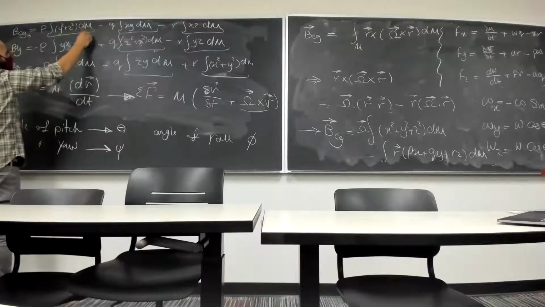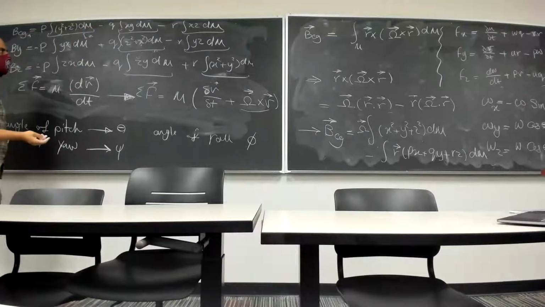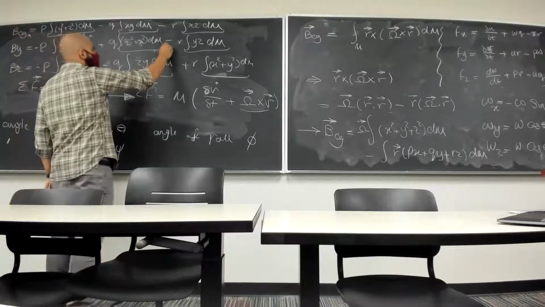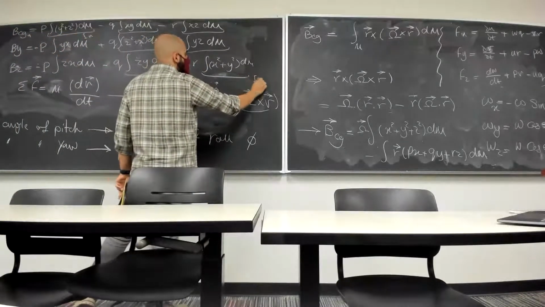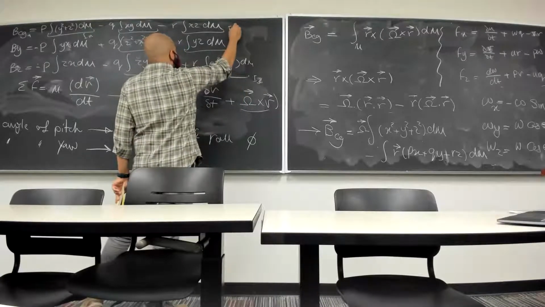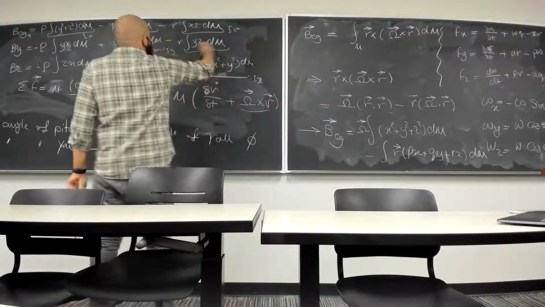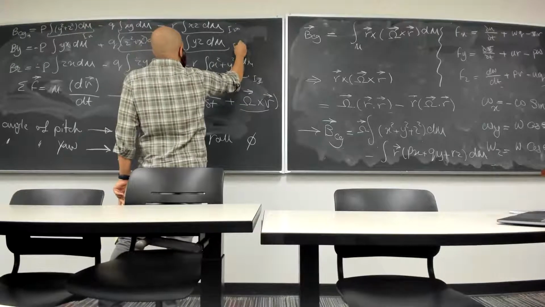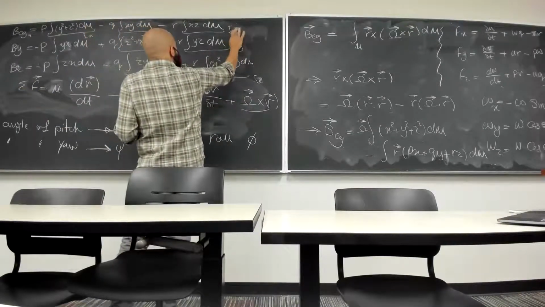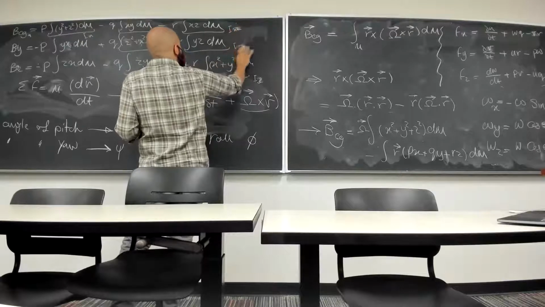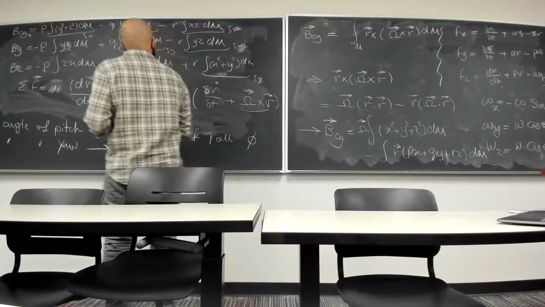This one is I of x, or I of xx, I of y, I of z. We have I of zx, I of zy, or xz. I usually confuse the directions myself.